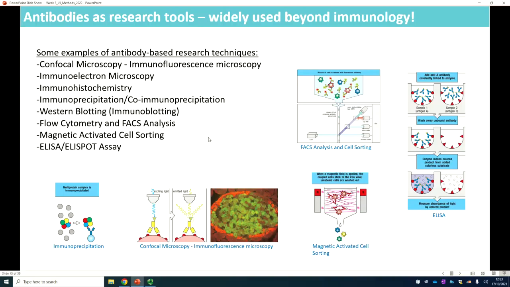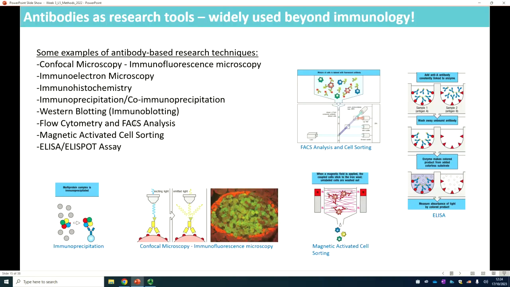You also have immunohistochemistry, which is another microscope-based technique. You have immunoprecipitation or co-immunoprecipitation. So that's where you'll have a bead that's conjugated to your antibody that you'll use to pull out a particular protein from cell lysate. And you can also see, let's say you're pulling out the blue protein, you can see what does it co-immunoprecipitate with, so what does that protein interact with in your cell lysate. So that's IP and co-IP.